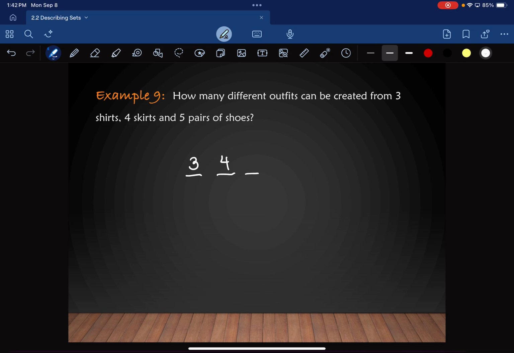And how many shoes do I have to choose from? 5. And I can find out the total number of different arrangements of outfits by simply multiplying these numbers together. So what is 3 times 4 times 5? 60. It's 60. There would be 60 outfits. Now, that's not saying they all look super different from one another, but there are 60 different ways that you could put your outfit together.